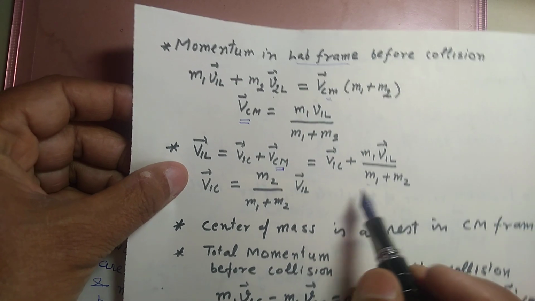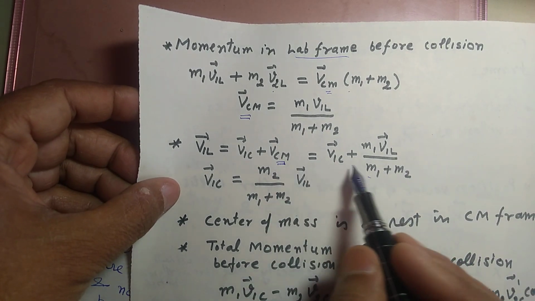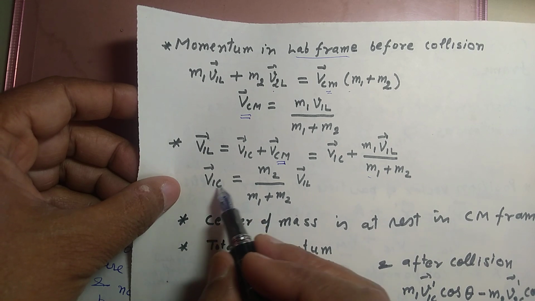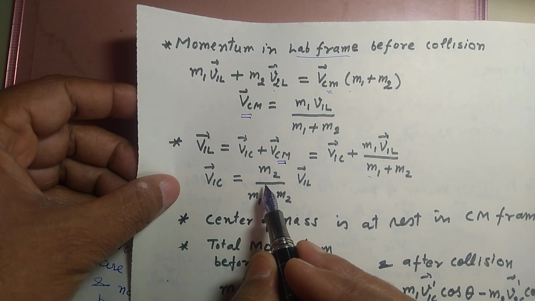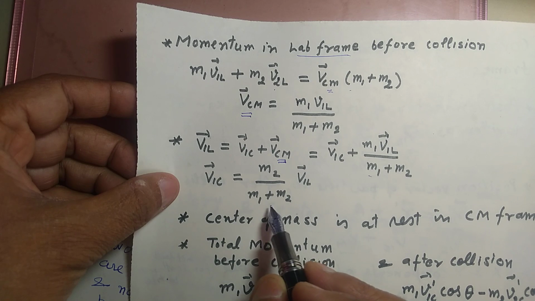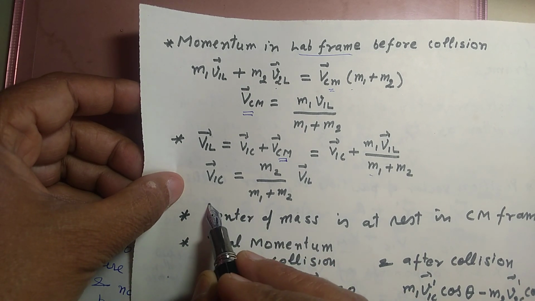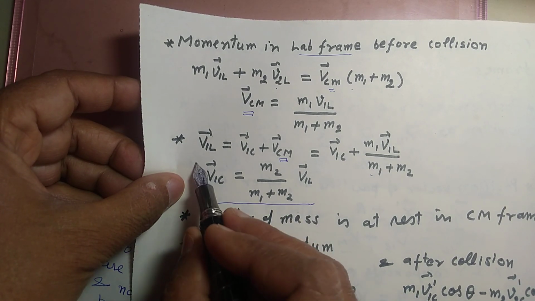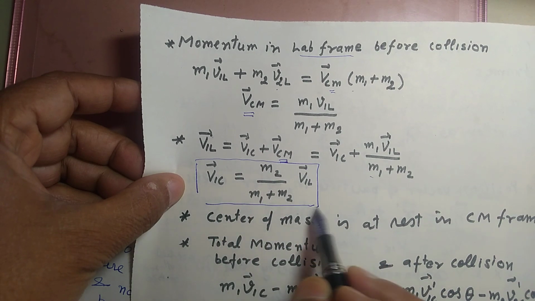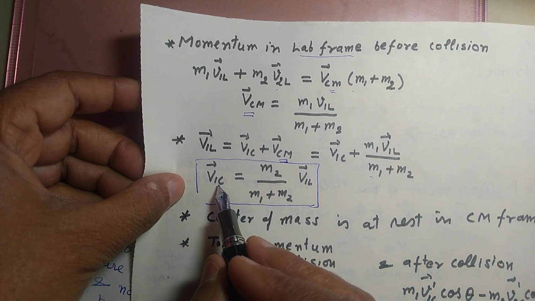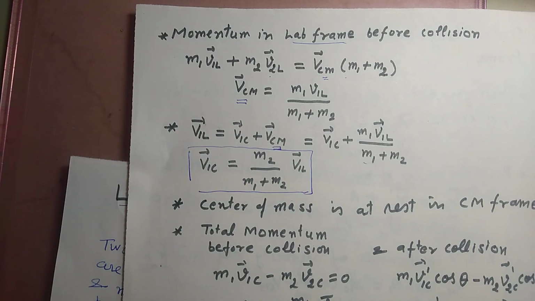By substituting this, on rearranging it, we can get the expression for V1C is equal to M2 V1L over M1 plus M2. We will get this expression of the velocity of the M1 particle in the center of mass.